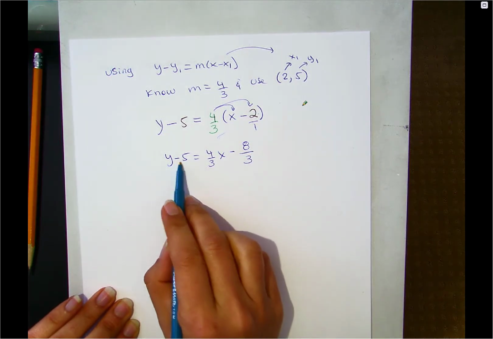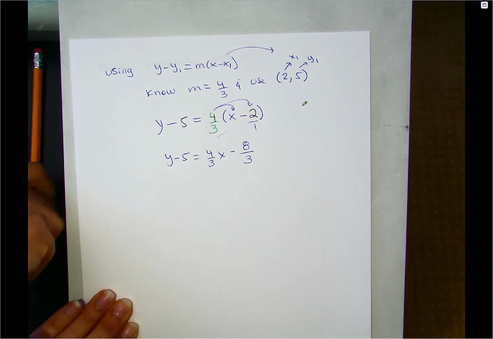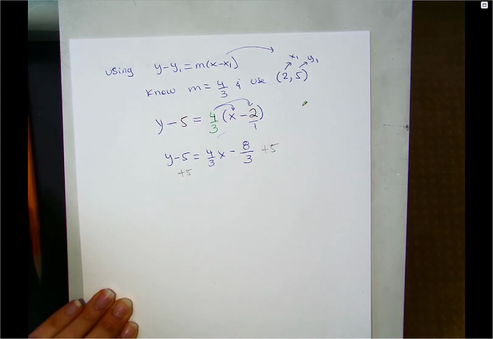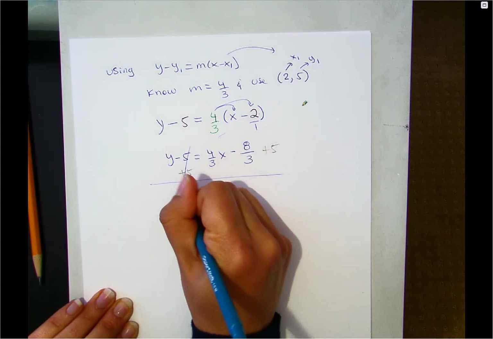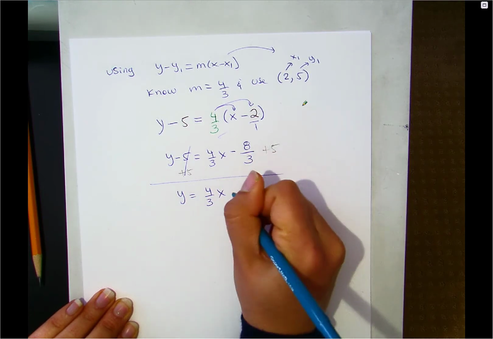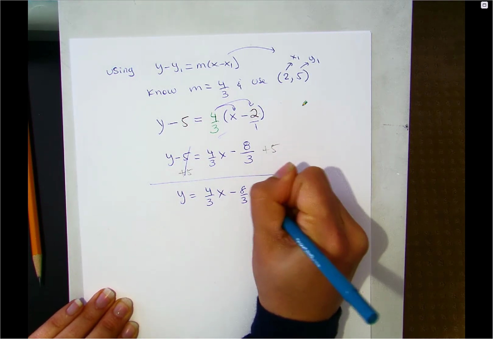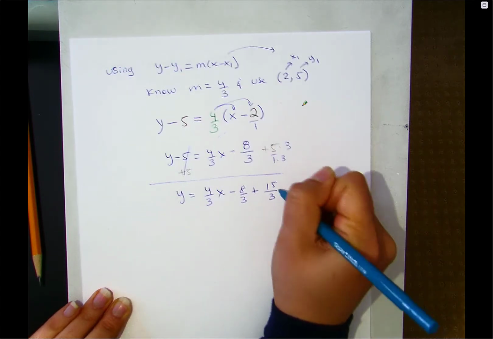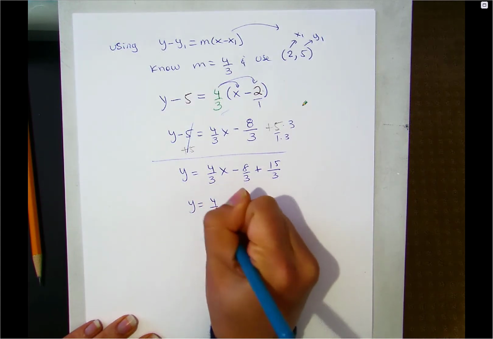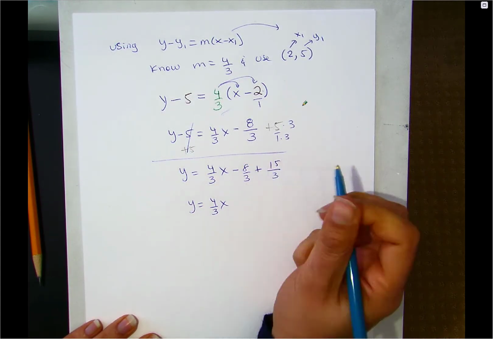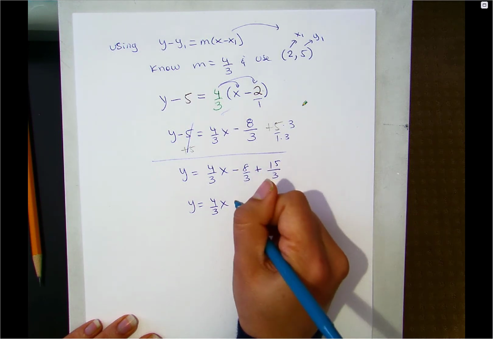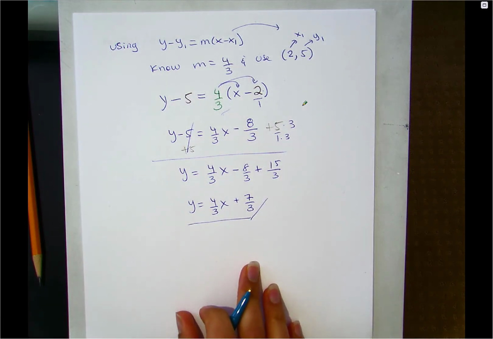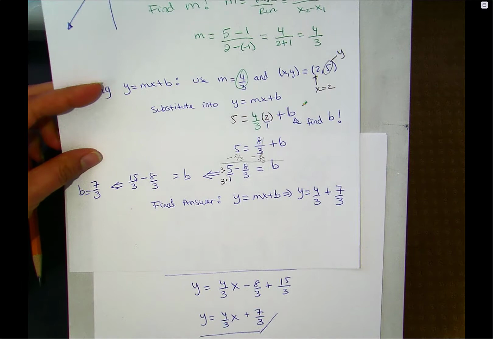Now I want to get the y by itself, so add 5 to both sides. Here it cancels and I'm left with y equals 4/3 x minus 8/3 plus 5. Get a common denominator, which is 3, so 15/3, which, notice, is the same math we did earlier. So negative 8 plus 15 is positive 7, so 7/3, which is the same answer we got the other way.